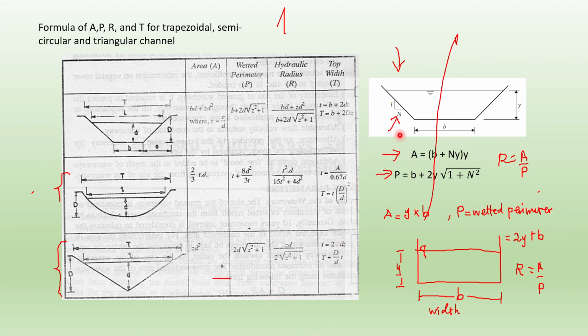For example, if we have this trapezoidal channel, A is equal to B plus NY, and all this part is multiplied by Y. N is actually according to the side slope of the trapezoidal shape.